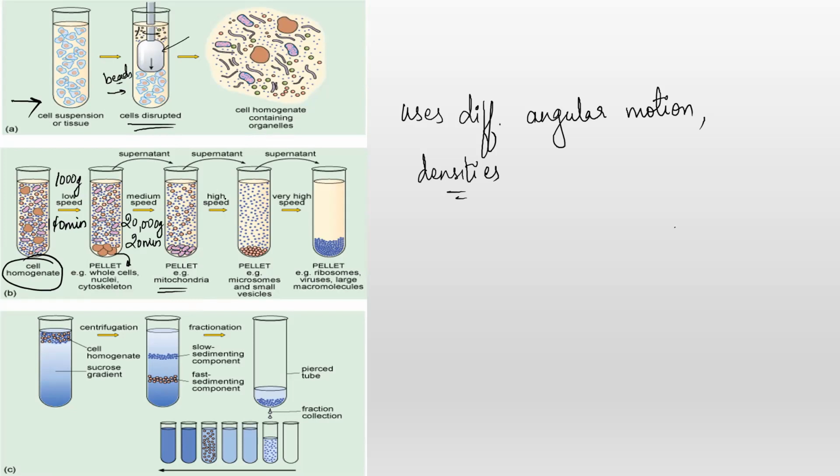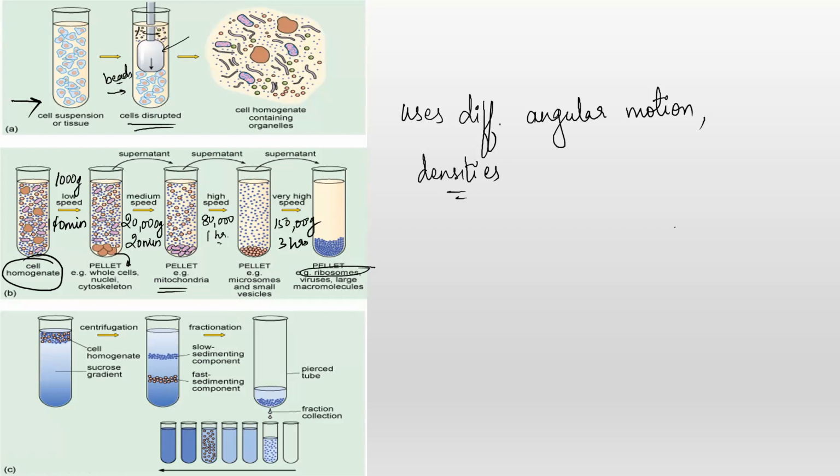The speed here is 80,000 G, I think, if I'm not wrong, for about 1 hour, and then you get microsomes. Subject the supernatant again to a very high speed, 150,000 G for 3 hours, and you get a pellet containing ribosomes. Now you can wash the pellet and start further studies.